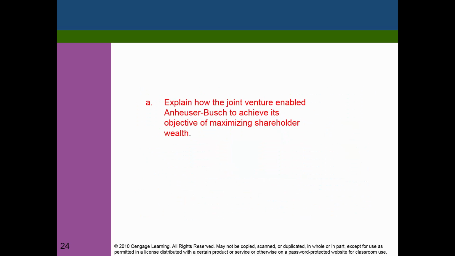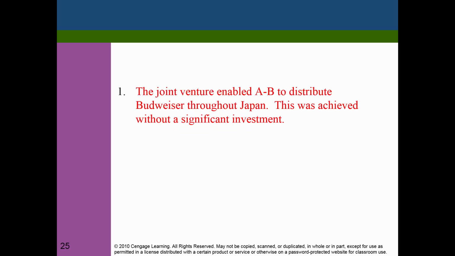Okay? So how do they each achieve their objective of maximizing shareholder wealth? By having this joint venture, it enabled Anheuser-Busch to distribute Budweiser throughout Japan, and this was achieved without a significant investment. So there are two things that Anheuser-Busch achieved. The first was they were able to use Kirin Brewery's distribution network.